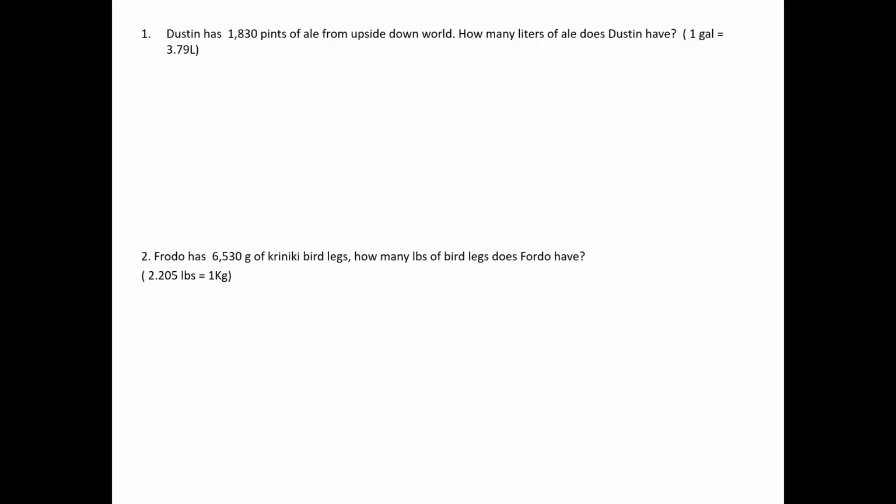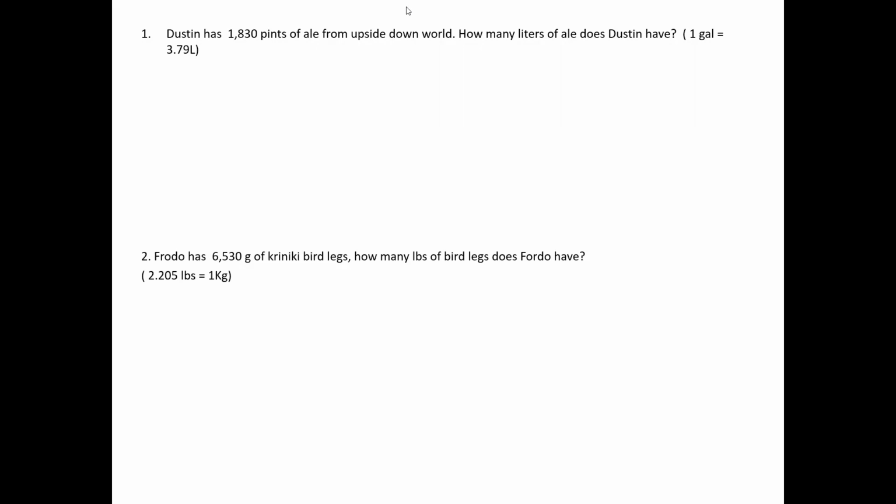And in these types of problems, if you're given a conversion factor, that's a conversion factor that you have to use when answering the problem. If no conversion factor is given, then you can use whatever conversion factors you want. But since we're given 1 gallon is 3.79 liters, we have to use that when solving the problem.